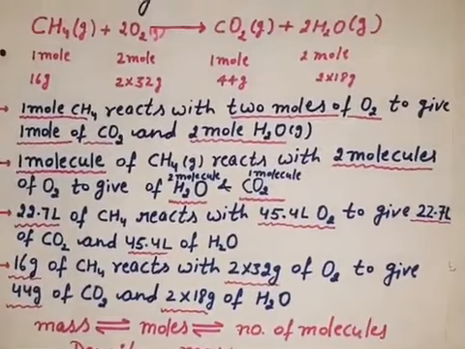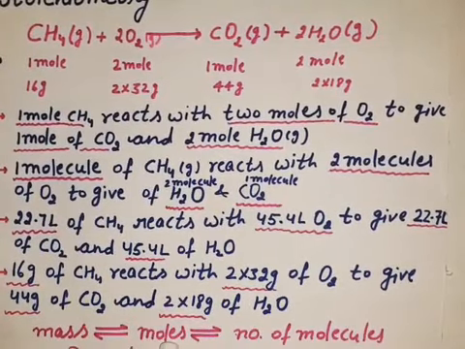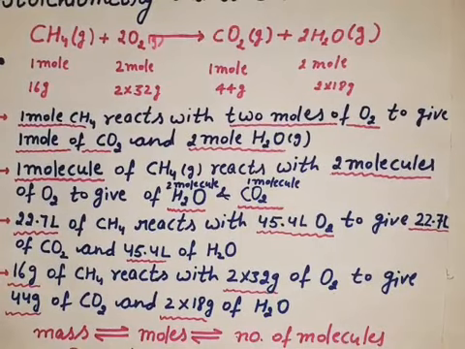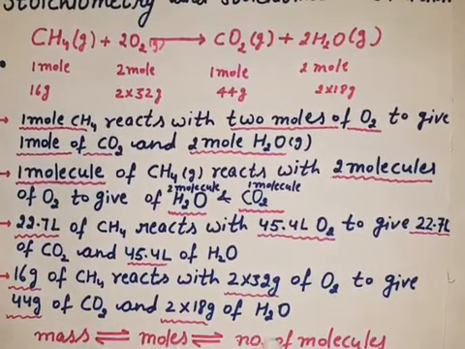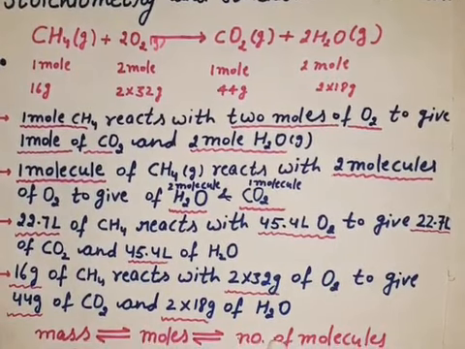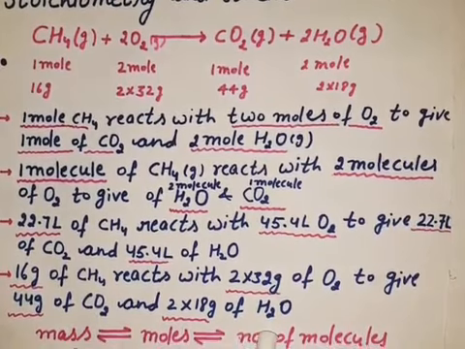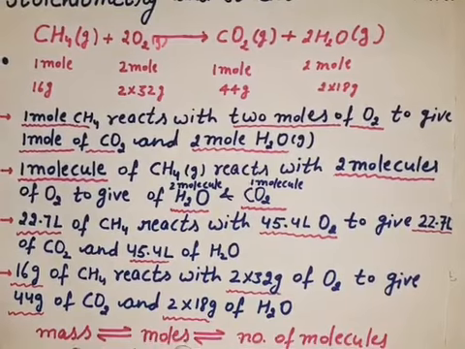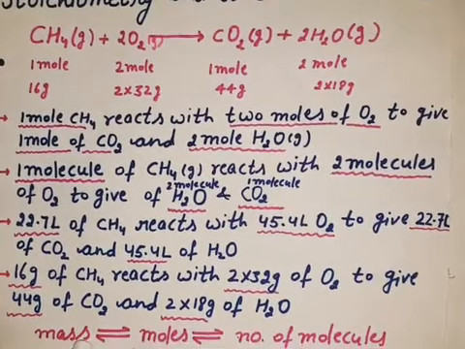As you can see, mass can be written in terms of moles, and moles can be written in terms of number of molecules. That means mass can be converted into moles and moles into number of molecules. In the backward direction also, number of molecules can be converted into moles by simple calculation, and moles can be written in terms of mass.